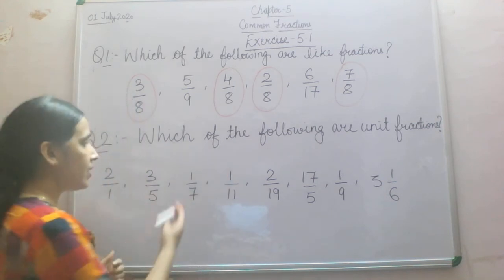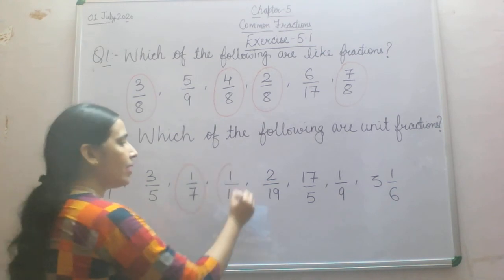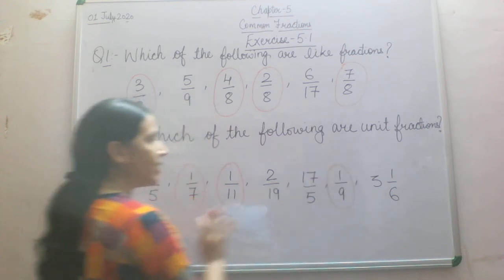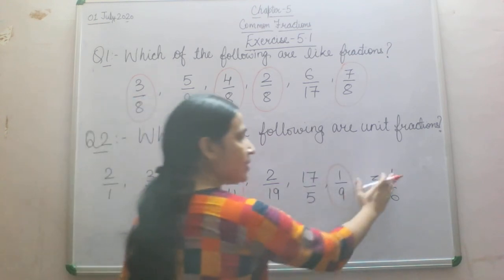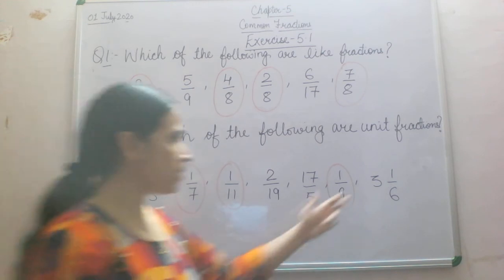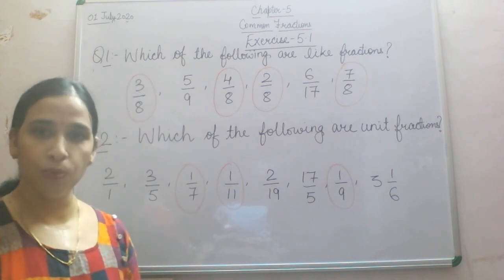So we'll start encircling it: 1 by 7, 1 by 11, 1 by 9. Now children, can you tell me, 3 1 by 6, is it a unit fraction or not? Because 1 is there in the numerator, so will it be yes or no?